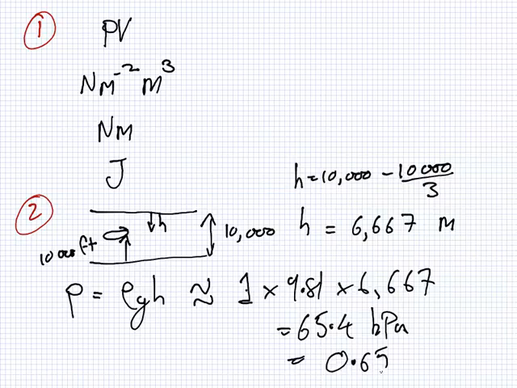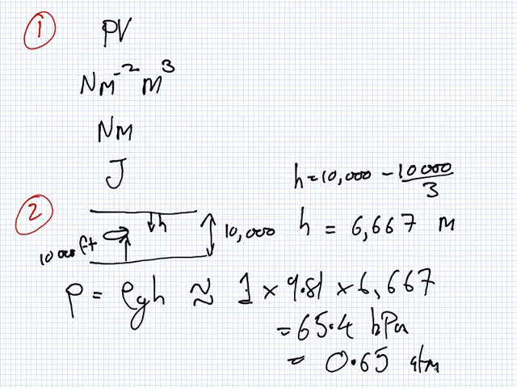So think about what I'm saying. On the surface, we have 1 atmosphere of pressure. In the plane, we have 0.65 atmospheres. So the plane is required to pressurize the cabin so that the people inside it still feel the same pressure as they would on ground level. So you've seen this in movies before. What happens when the door breaks open on the plane in flight?